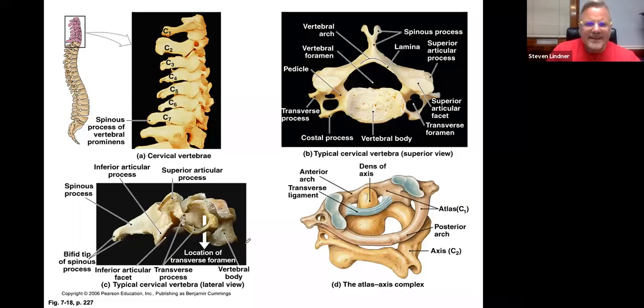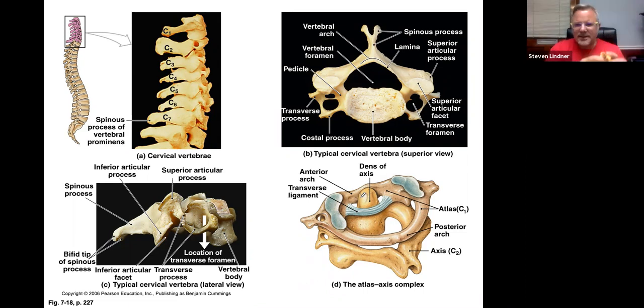Okay, let's look at that C1, C2 articulation. So here, we're going to be showing you this. C1 and C2. Remember, C2 has that bump called the dens or odontoid process. That's the axis, or C2. And C1 is going to sit right on top of it. So you can shake your head no, like this.